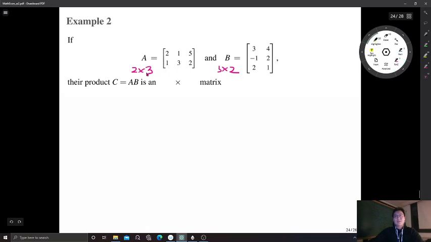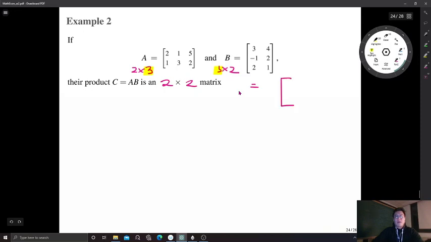Okay. So the conformability condition for multiplication is met. So the product AB is well defined. And then the dimension of the product is going to be a 2 by 2 matrix.